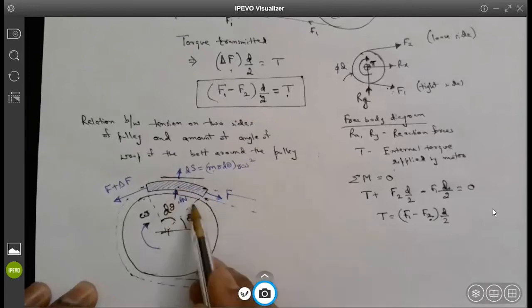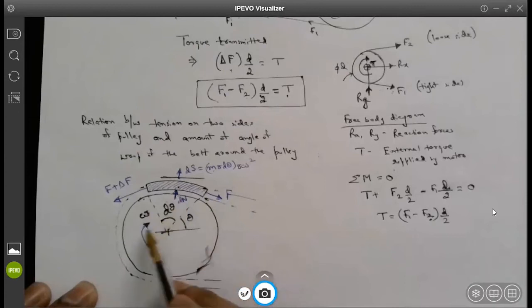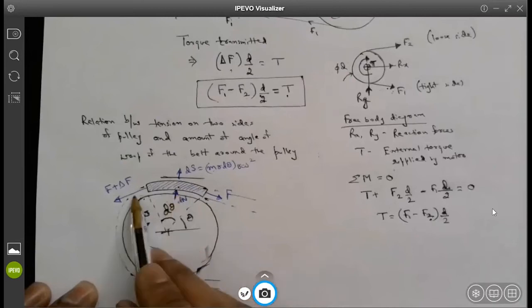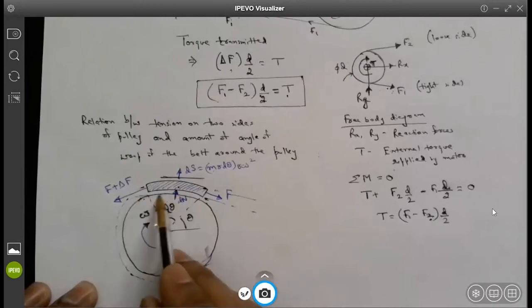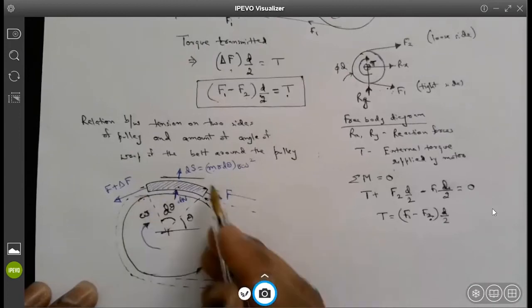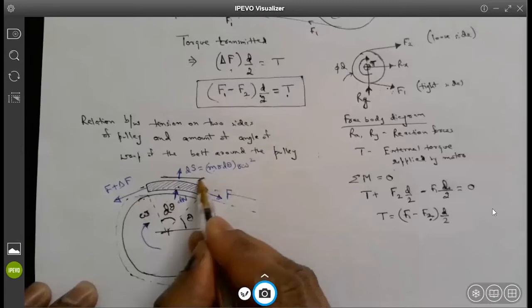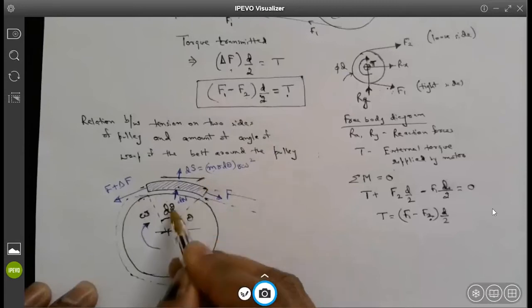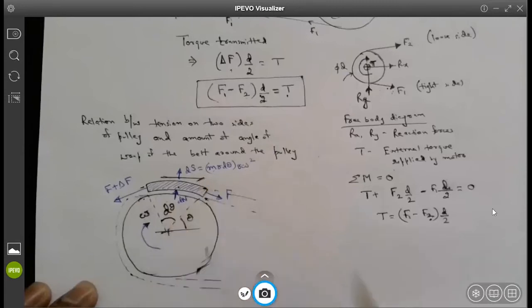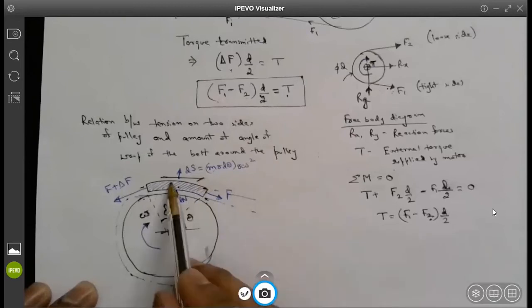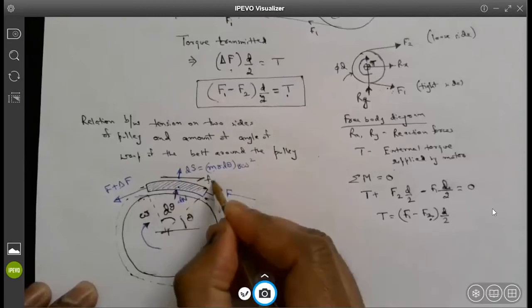The pulley is rotating, so it is trying to rotate with omega, and it will experience a friction force opposing that omega. So the pulley will be experiencing a friction force going in the left-hand direction. But on the other side, there will be an action-reaction pair. The belt will be experiencing a friction force like this, because relative to the pulley, the belt is going left-hand side. So the friction force will be acting right-hand side.